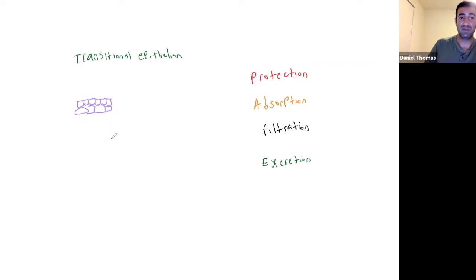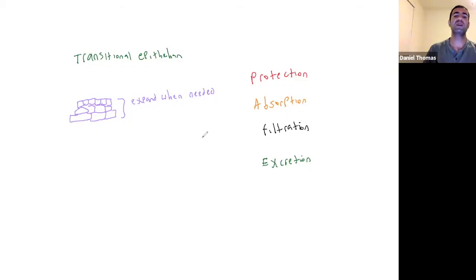Okay, that's a big epithelial cell. And the reason why is because it is a state of transition. Transitional epithelial cells can also expand when needed.